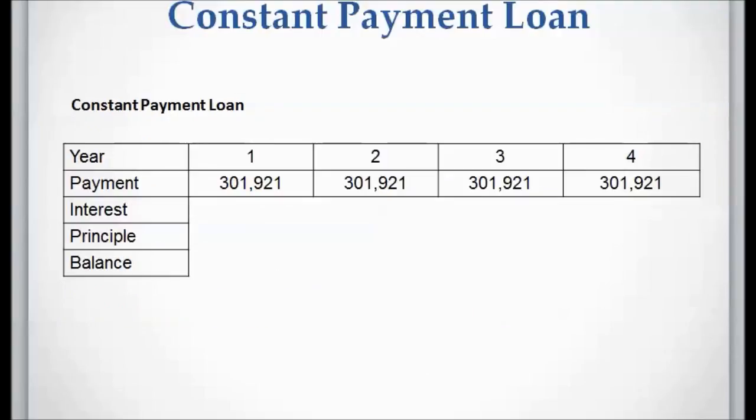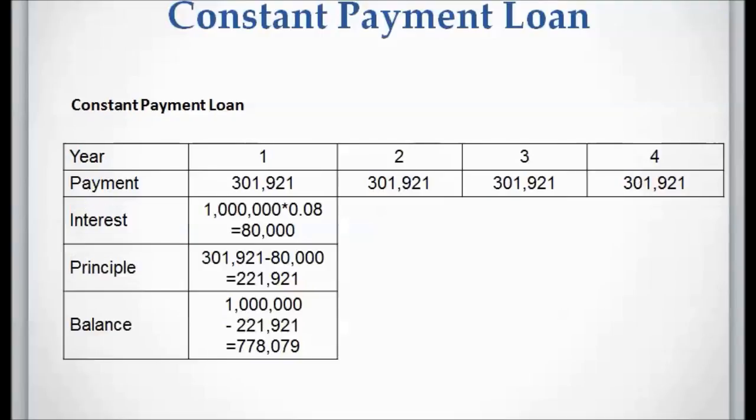Then we need to calculate the interest and principal portion of each payment for each year. Payments are equal from year 1 to year 4. For year 1, we have to calculate the interest. Interest equals balance multiplied by interest rate. Balance of $1 million multiplied by interest rate of 8%, which gives $80,000.